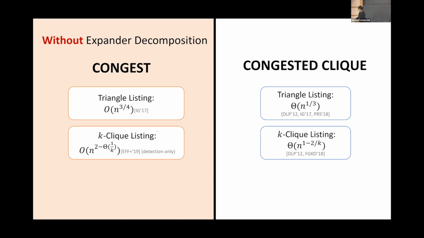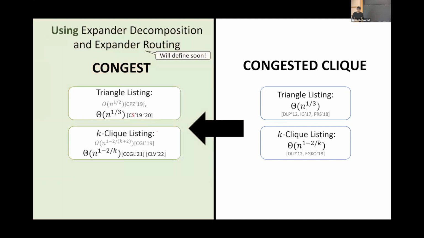However, it turns out that with expander decomposition, which I will explain, and another thing called expander routing, we managed to close the gap between the two models. For anything that you can do in congested clique, there is not a black box reduction, but there is a way to get an algorithm in congest that matches the upper bound in congested clique.